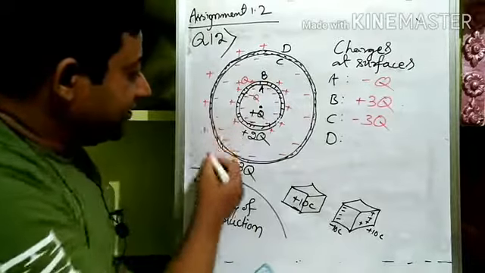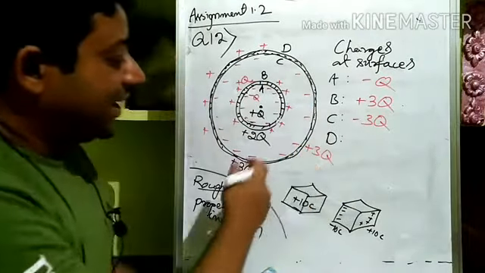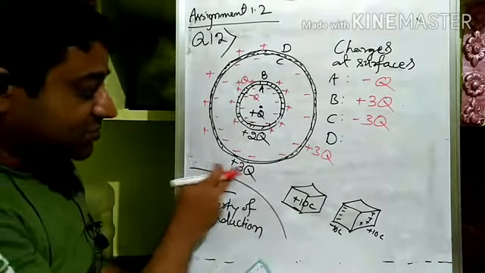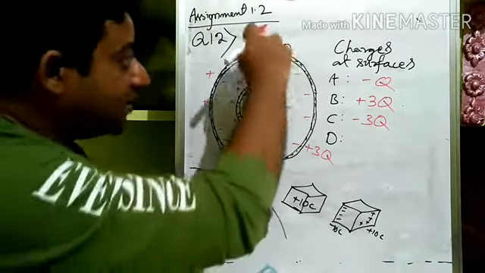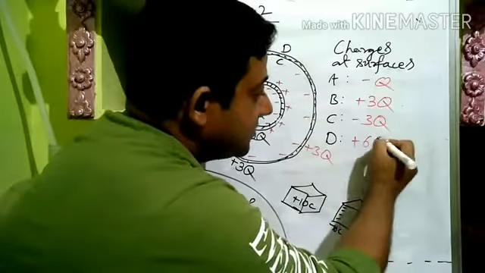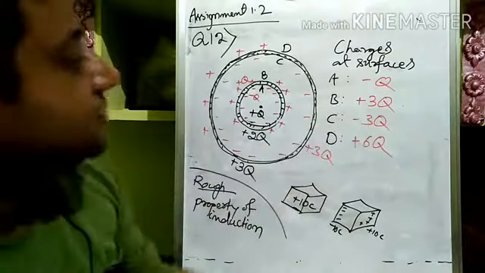Plus 3Q will be developed due to induction, and plus 3Q was given already in the question. So this induced plus 3Q plus the given plus 3Q means that on the outer surface, that is the D surface, there will be plus 6Q charge. This is the answer to this.